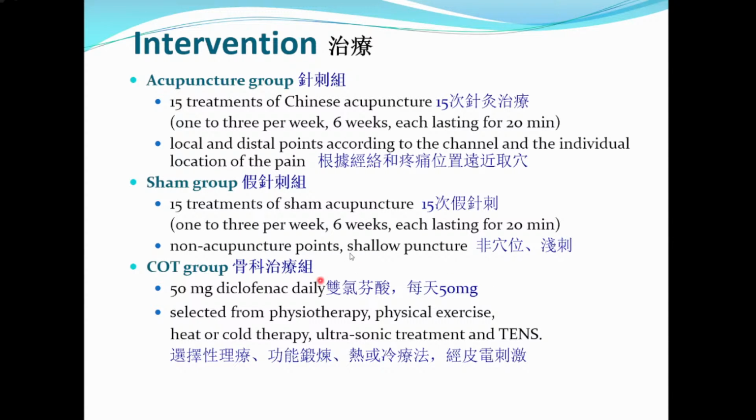The conventional orthopedic therapy used Western treatment with 50 milligrams of diclofenac every day. They also used physical therapy, physical exercise, heat and cold therapy, ultrasonic therapy, and TENS unit. They can use whatever is available.